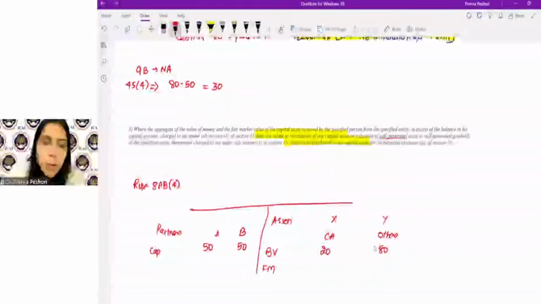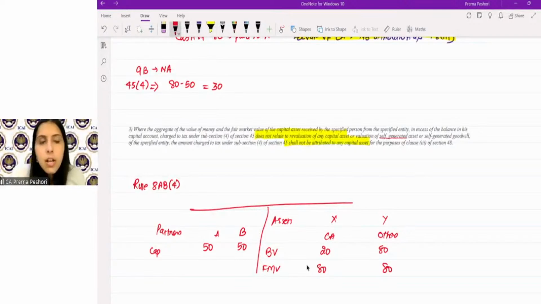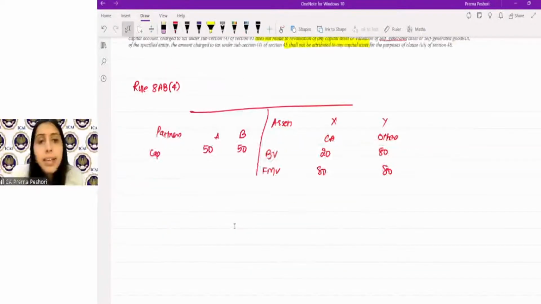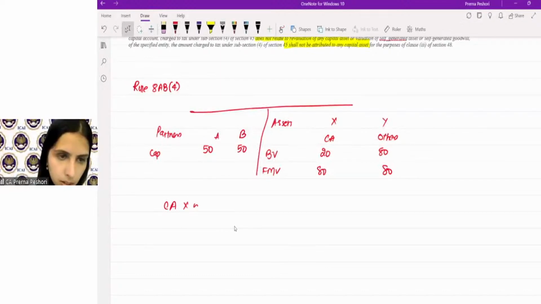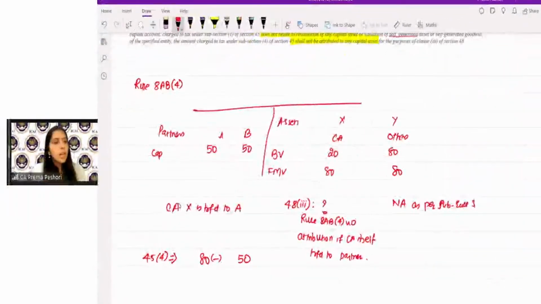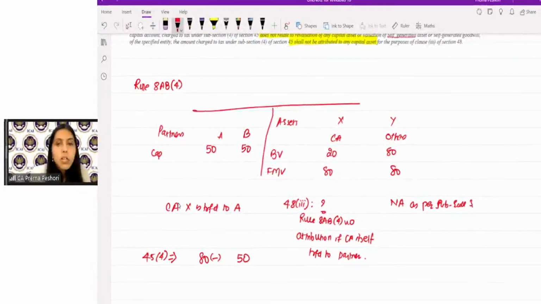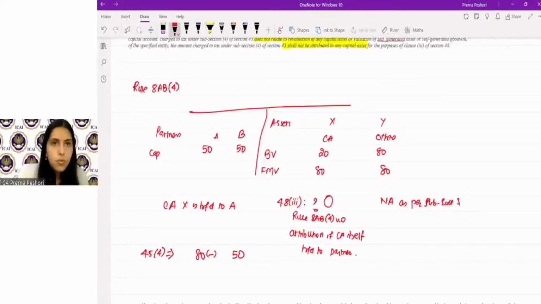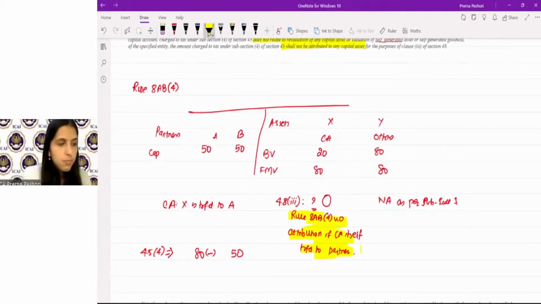My book value, my fair market value is 80 and 80. Clear? Now A is retiring and capital asset X is transferred. Are we clear? If the capital asset itself is transferred to the partner, here the attribution will be 0. Are we clear? Clear?